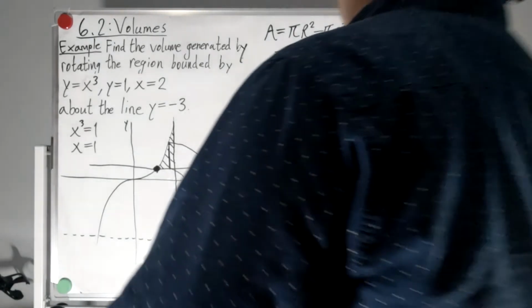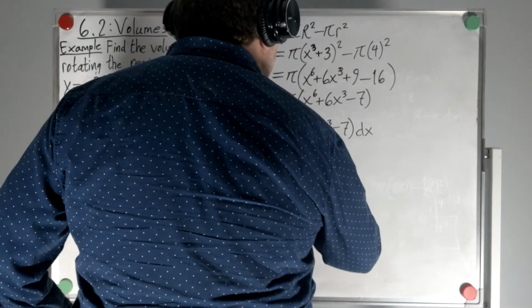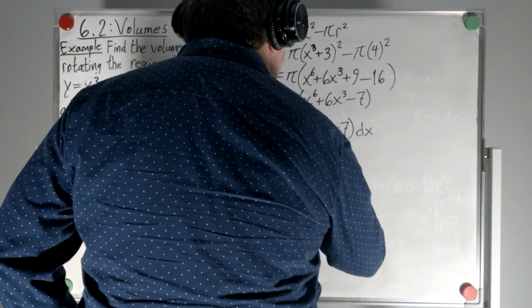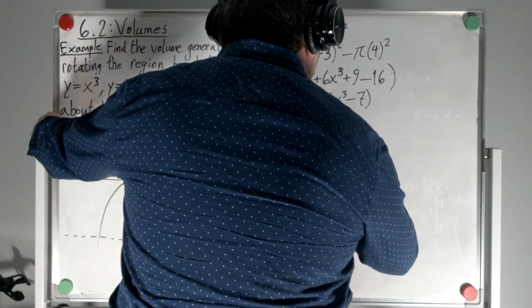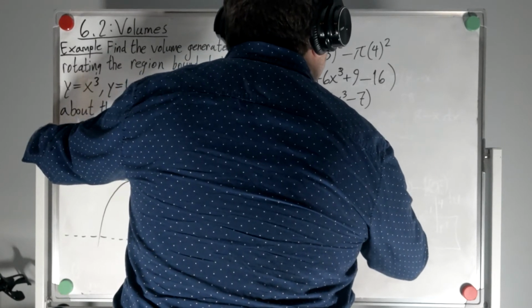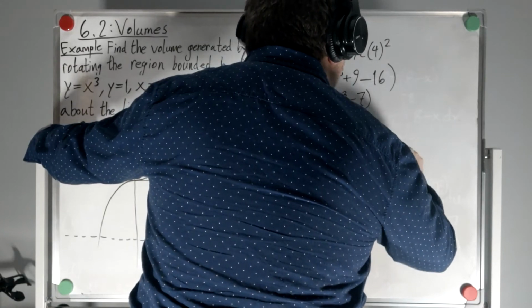You do this antiderivative. This is pi times 1/7 x to the 7th plus 6/4 is 3/2. So 3/2 x to the 4th minus 7x, and this is evaluated from 1 up to 2.